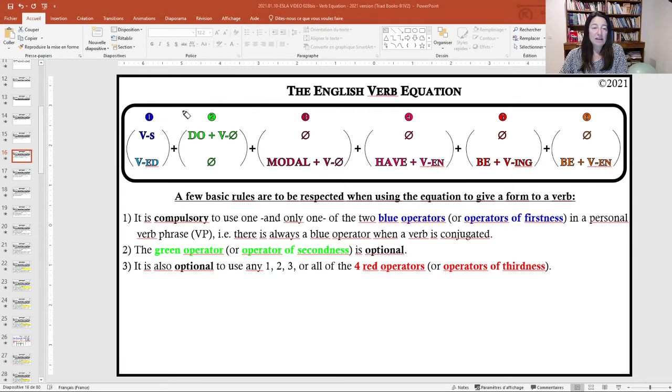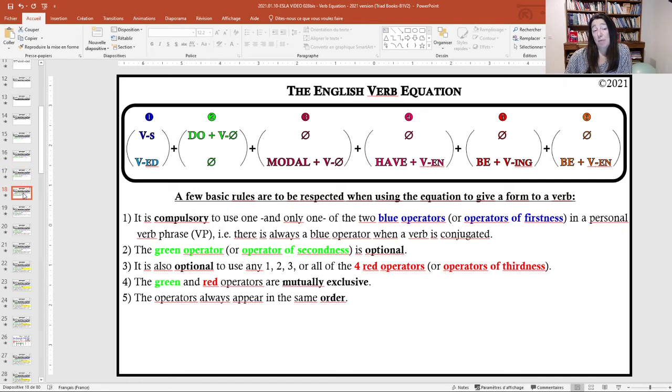And again, they're not compatible with do plus V0, so I think that's the next point that I have highlighted here. The green and red operators are mutually exclusive.